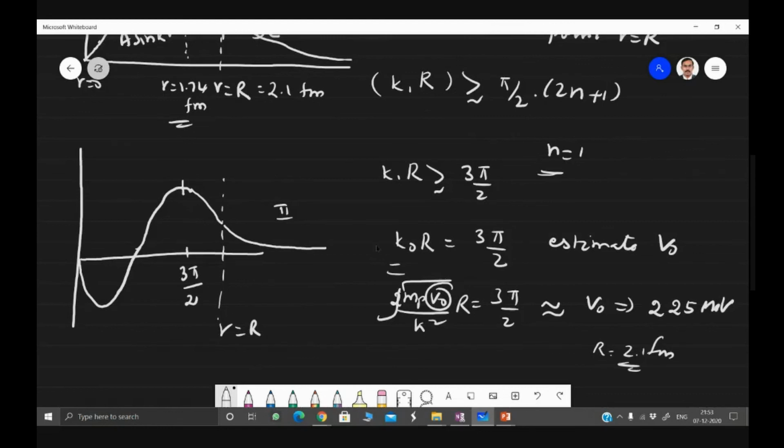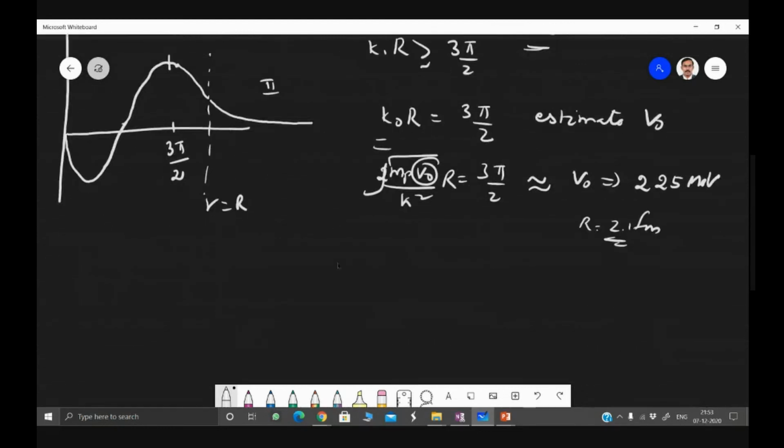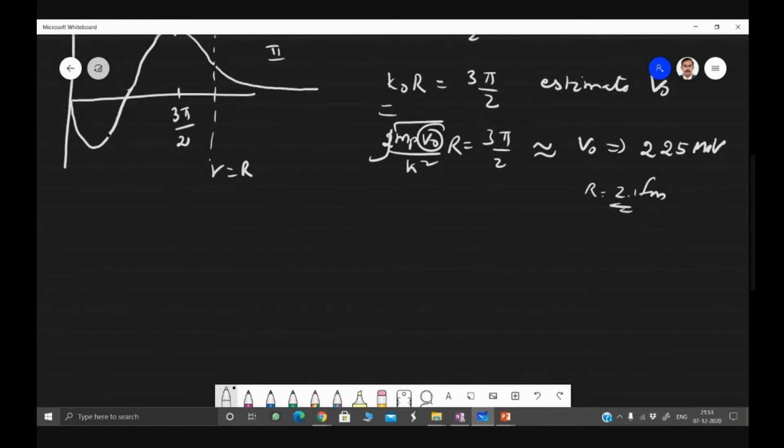That means the first excited state, n equal to 1, which corresponds to the first bound excited state, is possible physically only if we have a potential with a depth of 225 MeV. Then only can we have a bound first excited state.